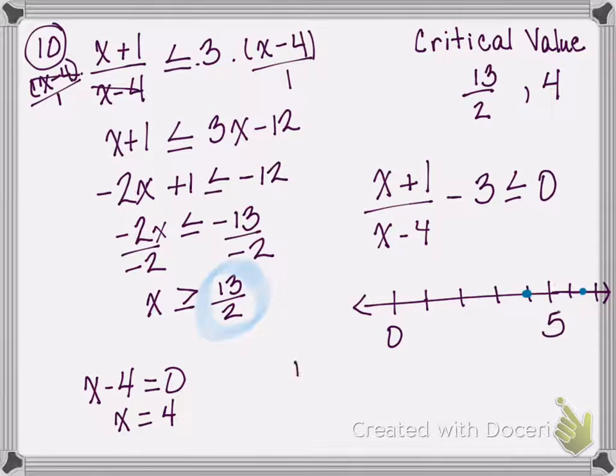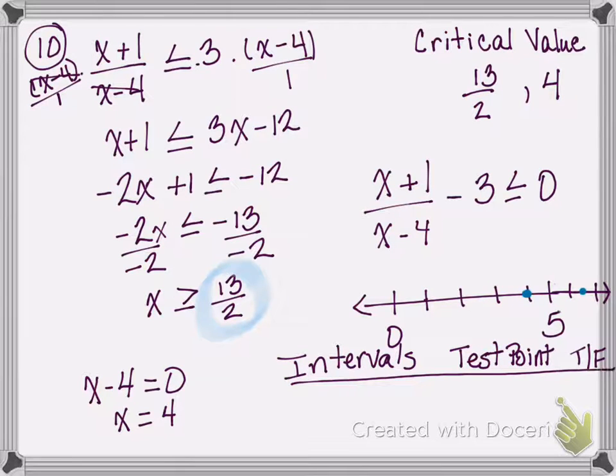So we are going to create our intervals. We're going to have 3 intervals, and we're going to have 3 test points. And then we will determine if those test points are true or if they are false. So our first interval is going to be negative infinity all the way up to our first critical value, which is positive 4.